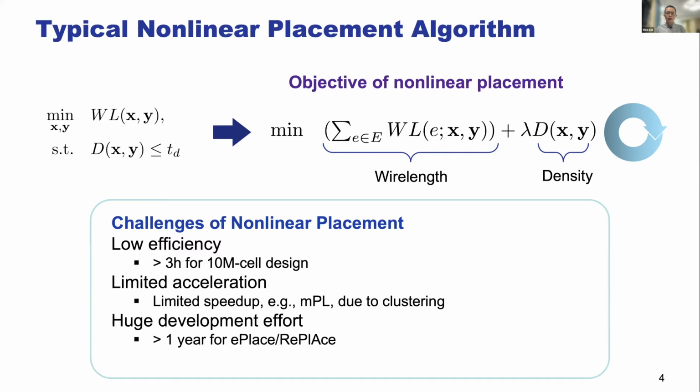Although there have been many works trying to improve different nonlinear approaches, current nonlinear placers still have the challenges, including low efficiency, limited acceleration, and a huge development effort. For example, it takes RePlace more than 3 hours to finish a 10 million cell design.